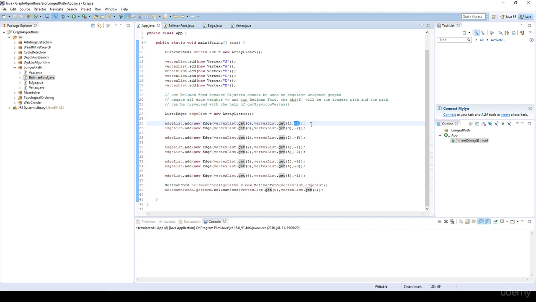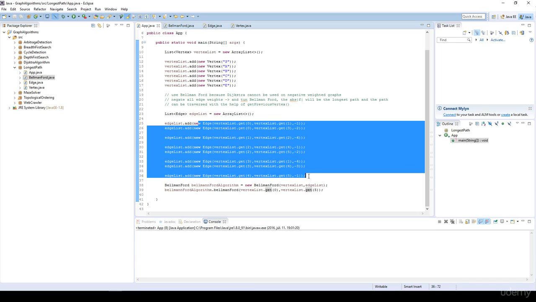Basically, this is the so-called heuristic that we just have to negate the edges. We just have to multiply it by -1, and then we have to run a shortest path in order to end up with the longest path in the original graph.